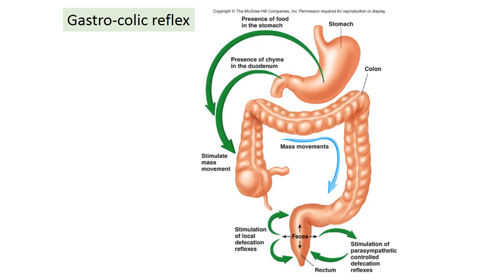And we'll see then that once the feces enters into the rectum, the stretch of the rectal walls will stimulate the defecation reflex. And remember also that when the parasympathetic arm of the autonomic nervous system is active, it's going to increase peristaltic action throughout the gastrointestinal tract, increase the movement of fecal material, and stimulate the defecation reflex.